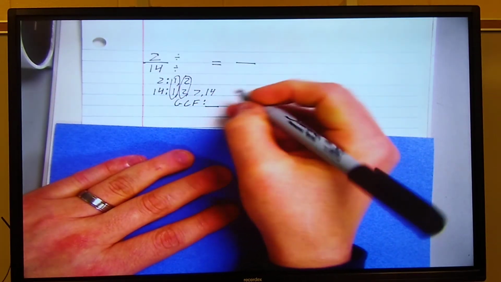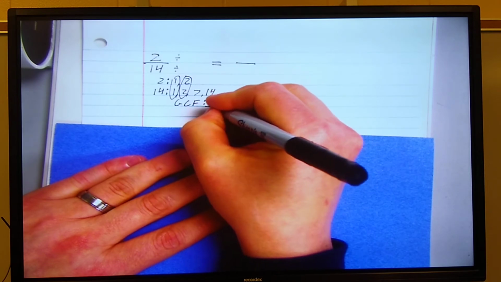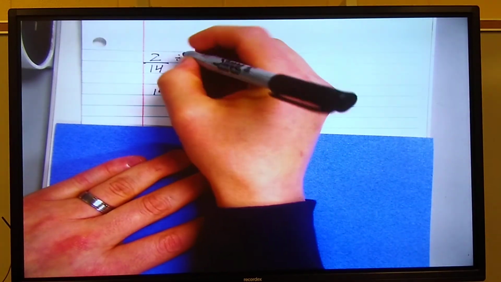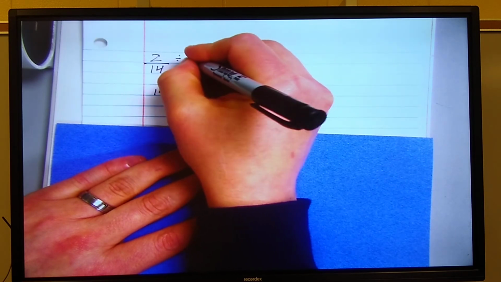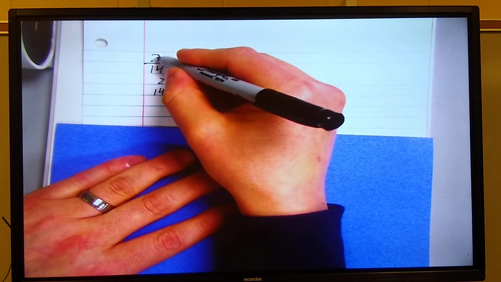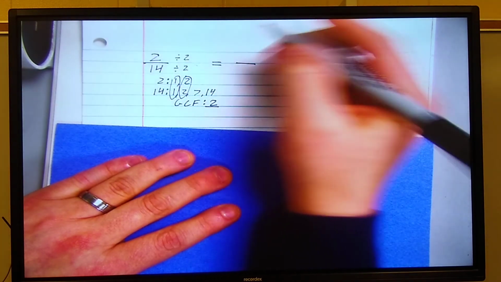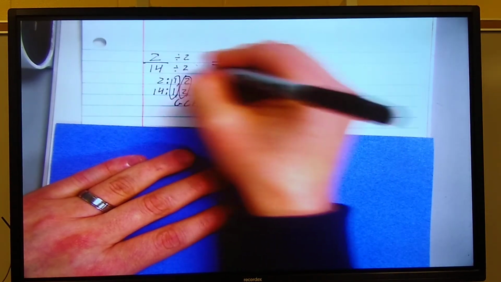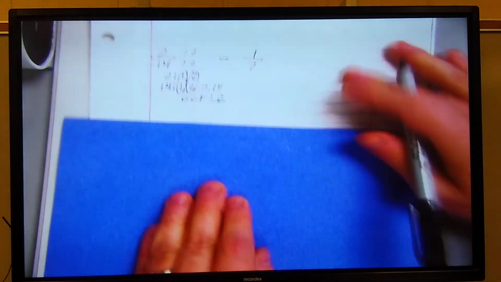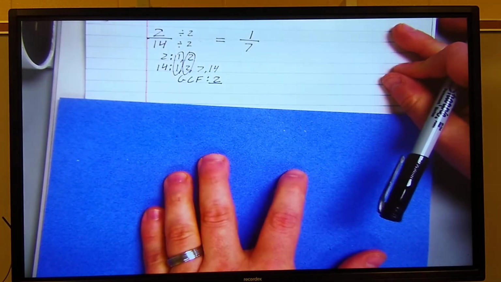Then you have to find the greatest common factor, which is 2. Then you divide your numerator and your denominator by 2. 2 divided by 2 is 1. 14 divided by 2 is 7. My answer is 1/7. You will have some of these on your test.